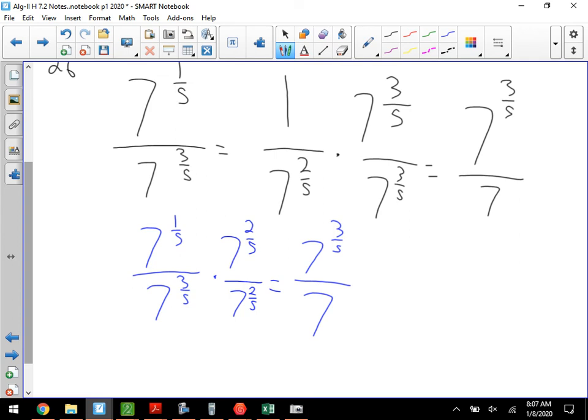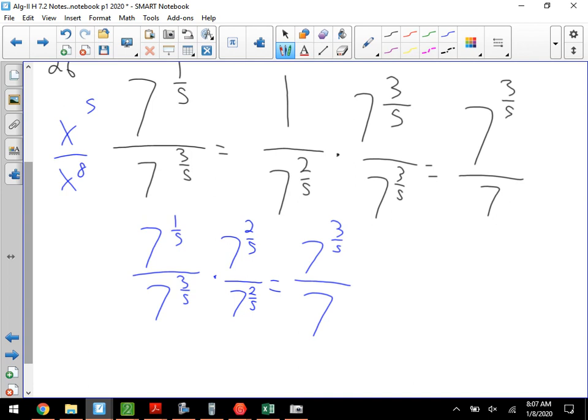Yeah, playing war. Okay. Same thing would have happened if this was x to the 5th over x to the 8th. Who wins? All right, so what's 8 minus 5? What goes in the numerator? Same thing? Exact same thing.